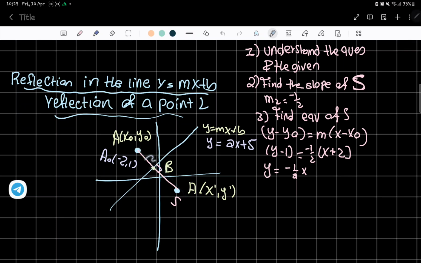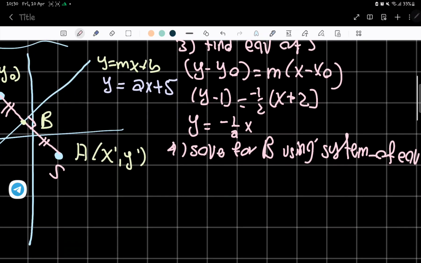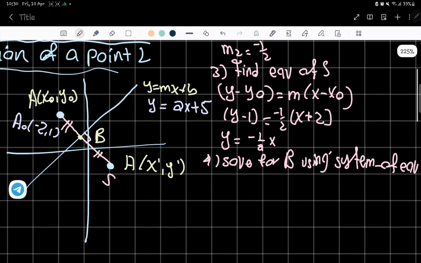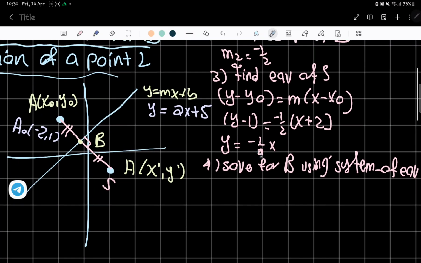This is the center. One thing you need to remember is this half is equal to this half, but that's for later. So when we solve the system of equations, it's going to include our line of reflection here, and then the new equation of s.